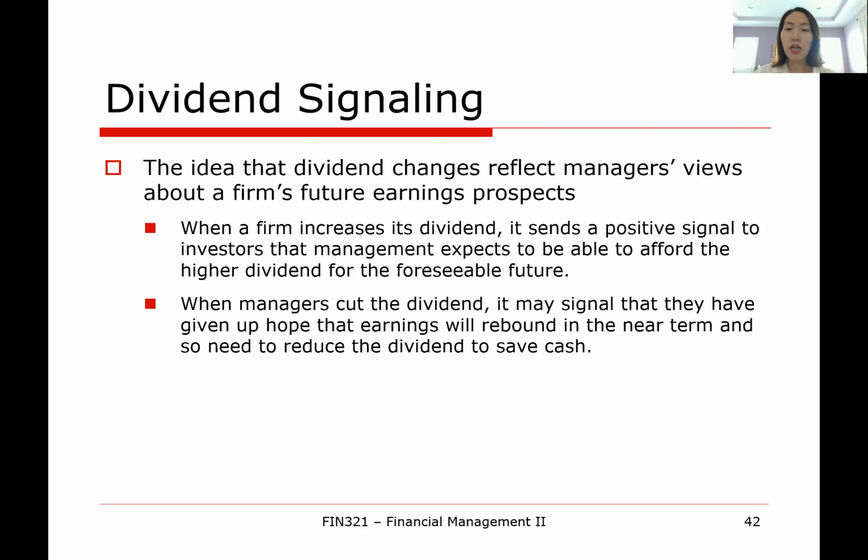When managers cut the dividend, investors take that as very bad news, meaning that managers have given up hope that earnings will rebound in the near term, to the point that they had to reduce the dividend to save cash. Therefore, dividend cut news is greeted by a big plunge in the stock price.